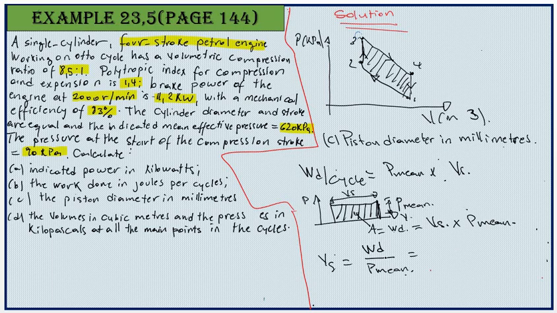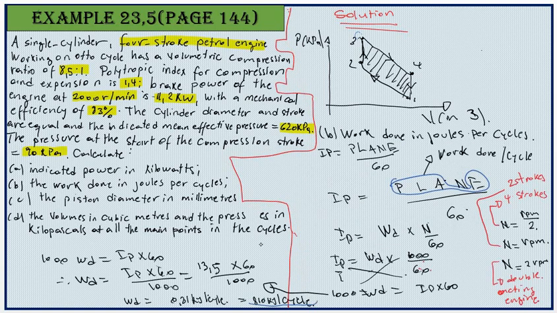So I have already determined the work done in the previous slide. So I got 810 joule per cycle.